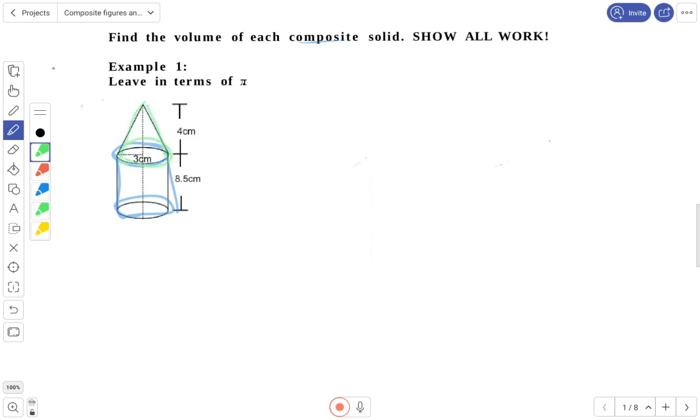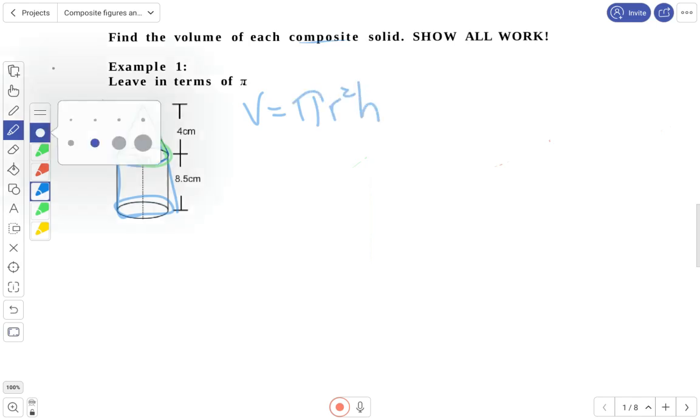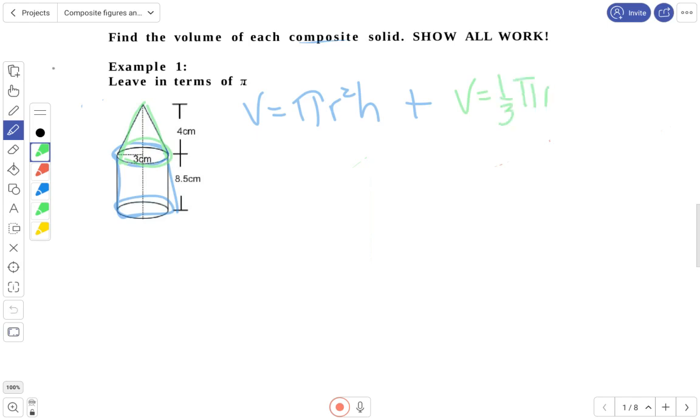So what I'm going to do is find the volume of that cylinder, and I know how to do that: pi r squared h. And then I am going to add it to the volume of that cone, which is 1/3 pi r squared h.